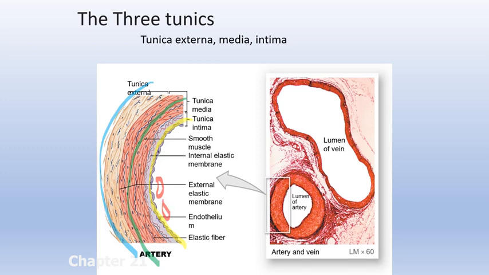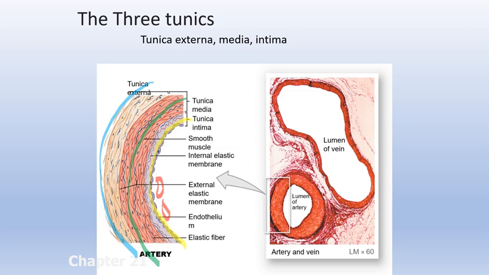Any vessel, artery, vein, capillary, can have all of or only one of these tunics. So we're going to find that a capillary doesn't have a tunica externa or media. So by definition, it doesn't have those two, but it has the internal one.